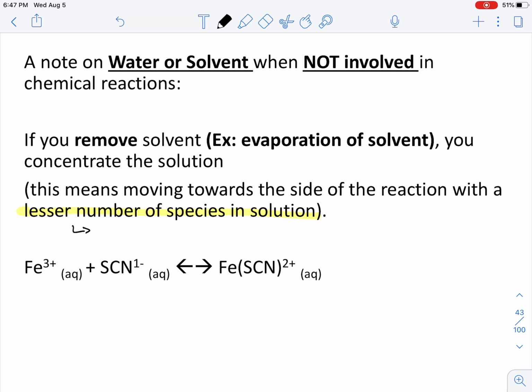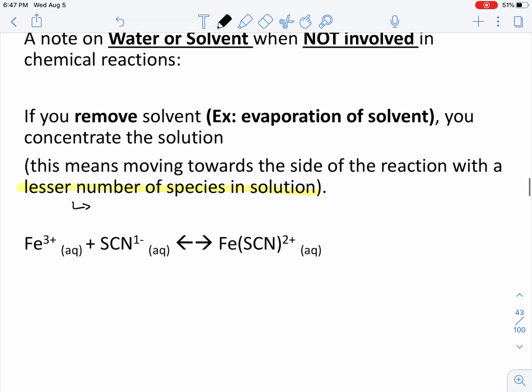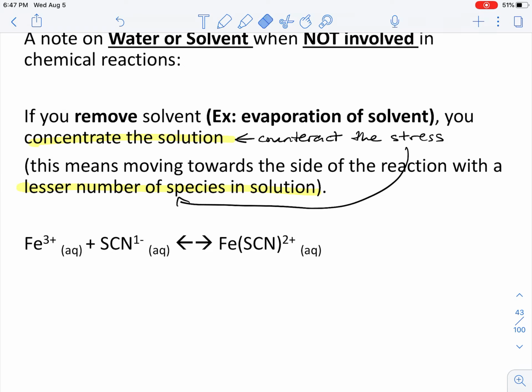So to counteract this, you want to lessen the number of chemical species in the solution. So that way the solution becomes more diluted.